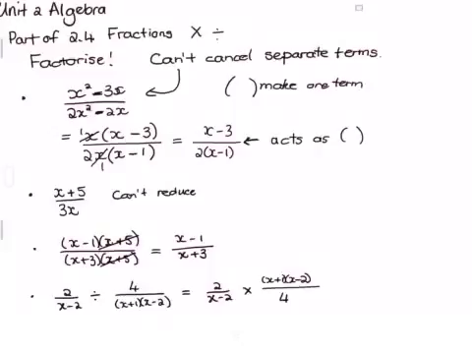Now we can cancel any top with any bottom. So the whole of the x minus 2 bracket, not the separate ones, the whole x minus 2 can cancel. But then 2 can divide into itself once, and it can divide into 4 2 times.